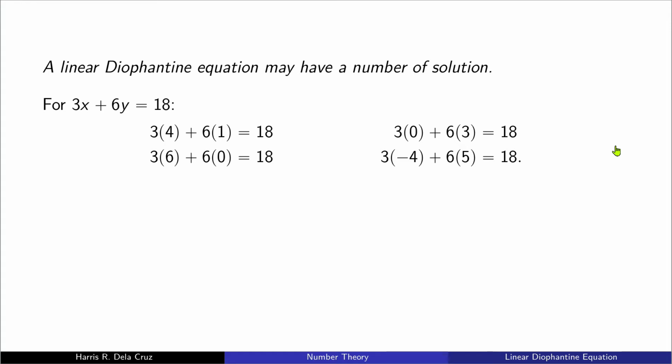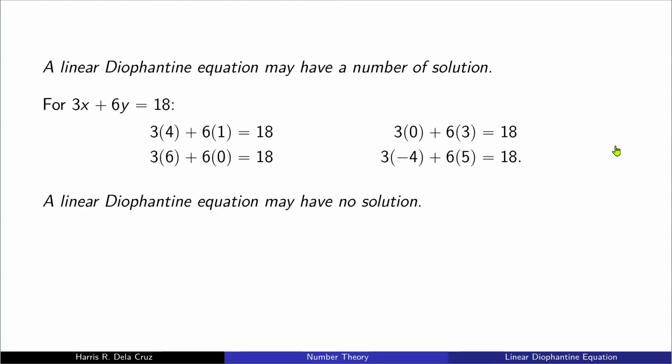So this particular Diophantine equation actually has infinitely many solutions, and these: (4, 1), (0, 3), (6, 0), and (-4, 5) are just some of them.